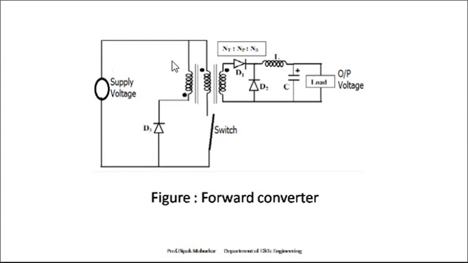It is nothing but your tertiary winding. Because if current is flowing here as well as here, once the switch is closed, at that time residual energy will occur, and after a few cycles the transformer will be saturated.